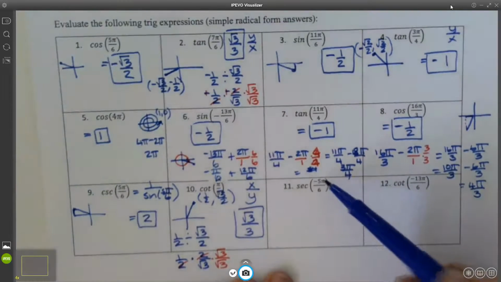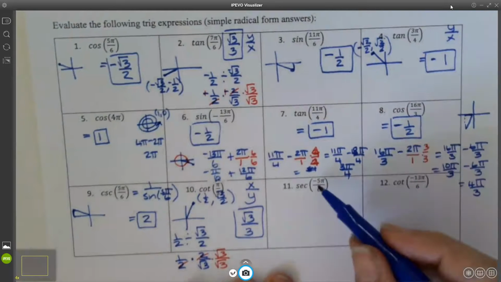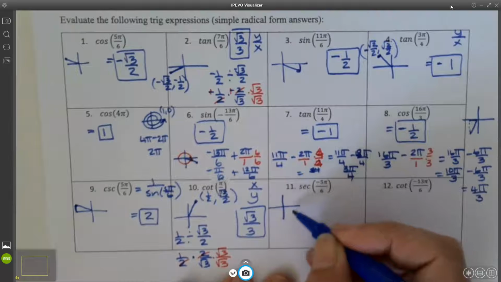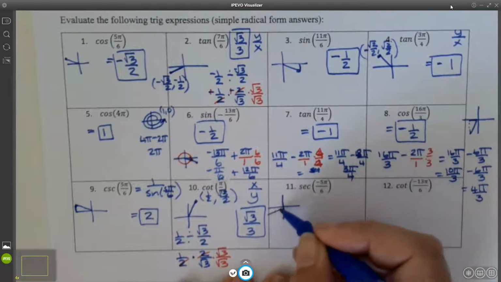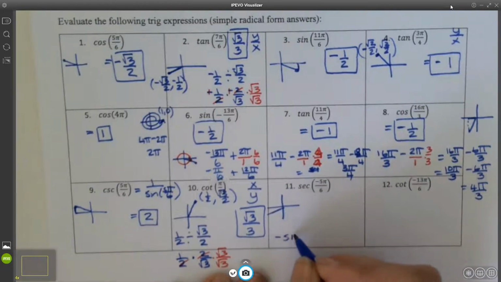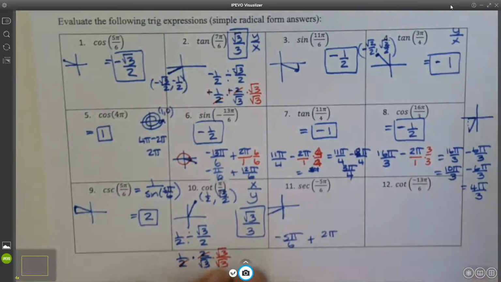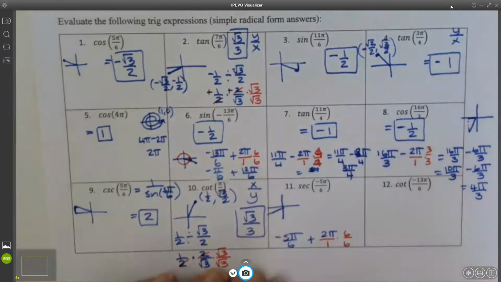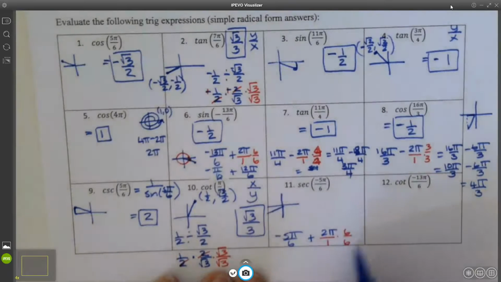This one is a reciprocal, but it also has a negative angle. So again, you could think of it as if you do -5 pi over 6, that's going to take you to the same place as 7 pi over 6. If you don't see that visually, you could also take -5 pi over 6 plus 2 pi. Again, you want to get a common denominator. So you're really adding 12 pi over 6. If you add 12 pi over 6 to -5 pi over 6, that gives you 7 pi over 6.